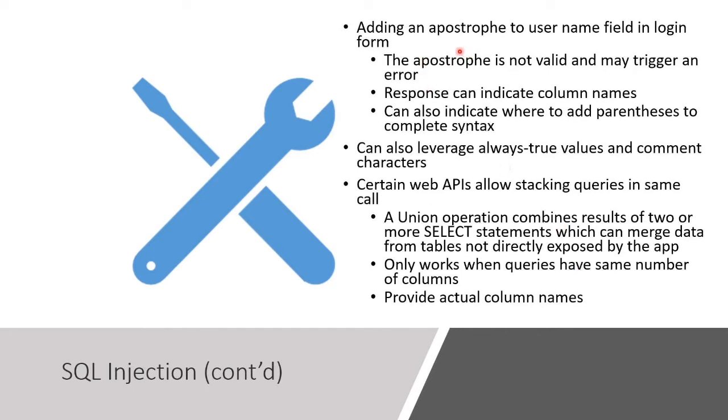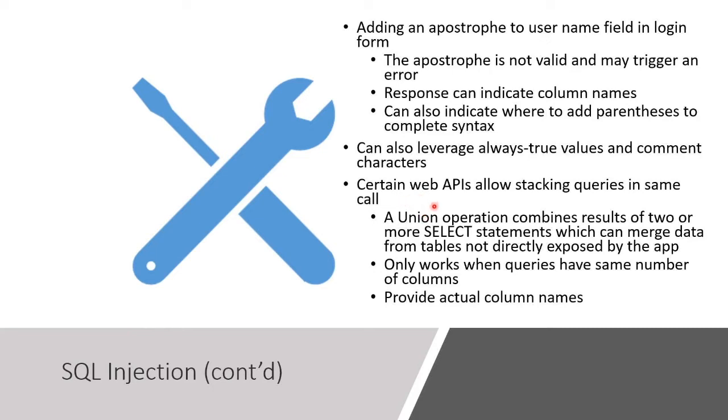So we add an apostrophe to a username field in a login form. Since the apostrophe is not valid, it'll trigger the error. We can then leverage the always true values, and we've talked about these before. Always true is a 'or 1 equals 1' or something like that. We have certain web APIs that allow us to put multiple queries in one transaction, one call.